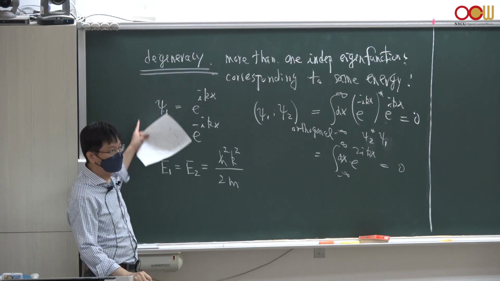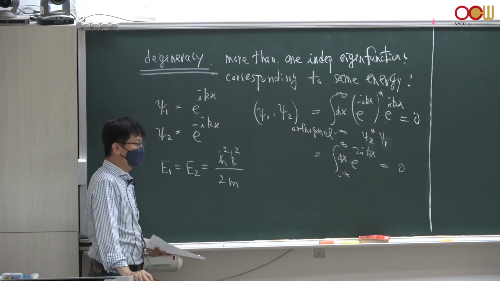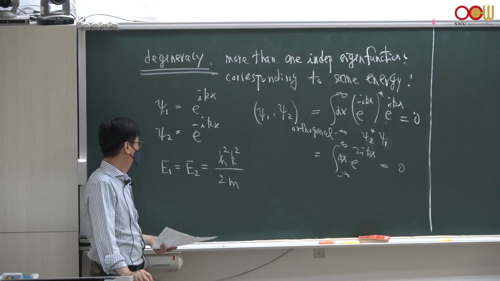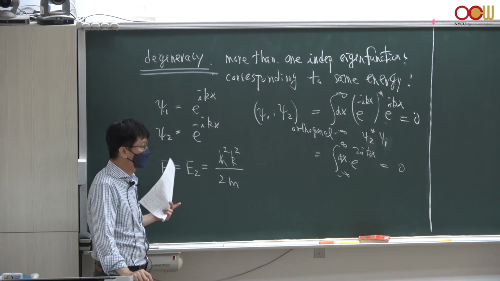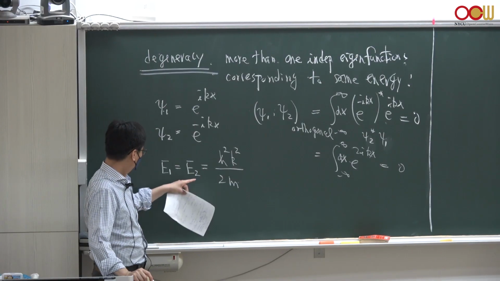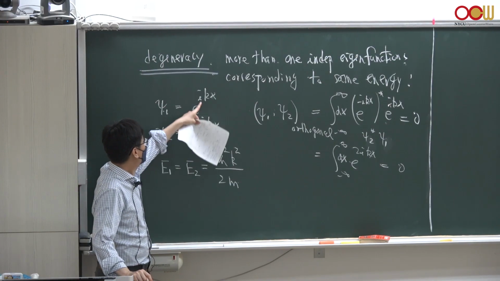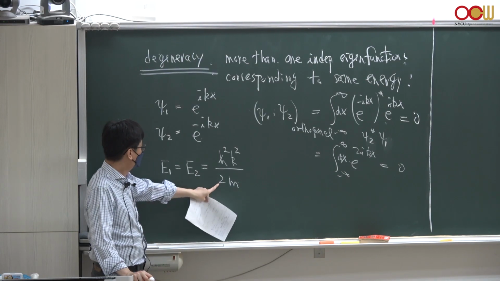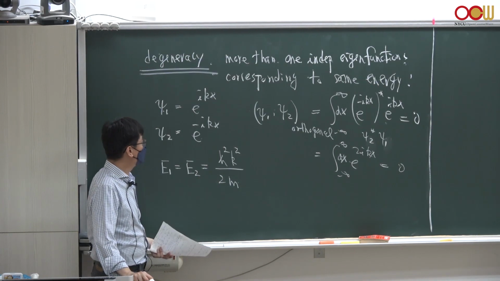These two functions are eigenstates of a free particle or free Hamiltonian, where you have only kinetic energy, and both the plus and minus freely propagating waves give you the same kinetic energy.